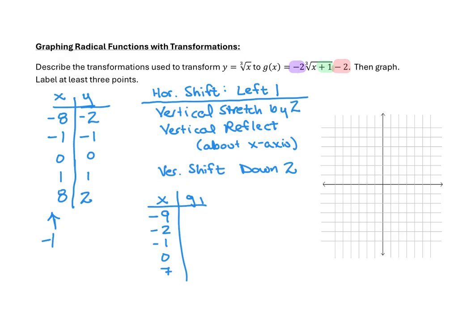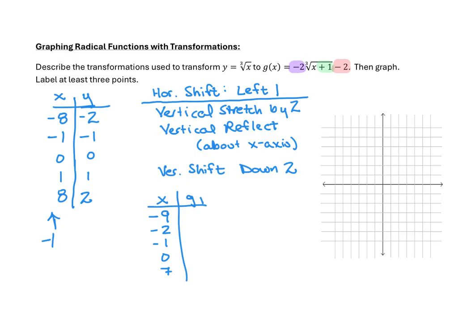All right, for my vertical stuff, I'm going to do this in 2 steps. I'm going to do my stretching and reflecting first. And so remember what this means is I basically just want to take all of my y values and multiply them by -2.